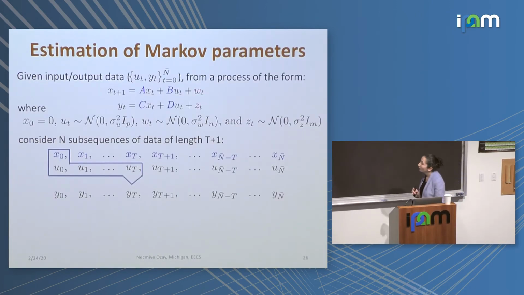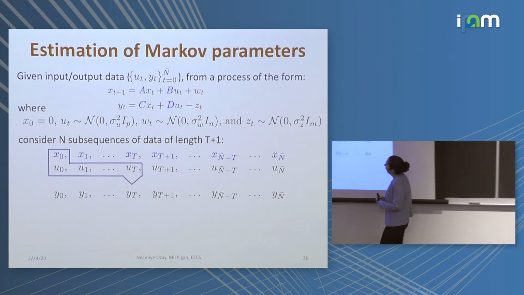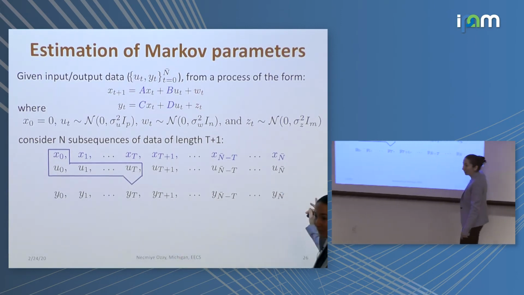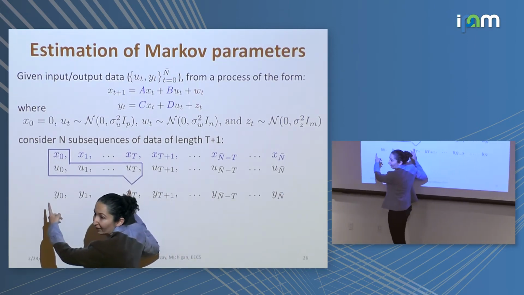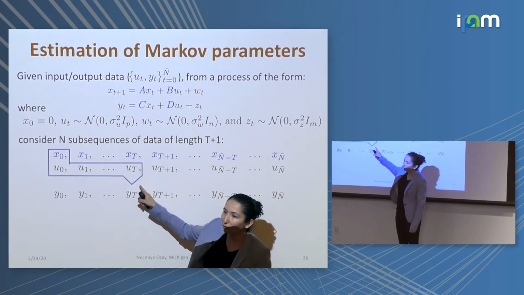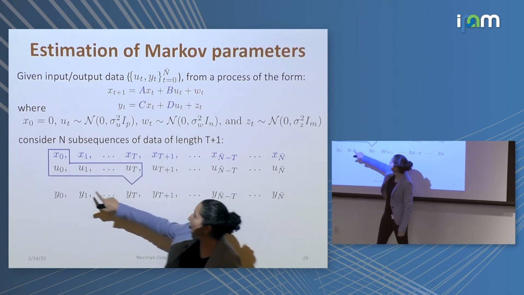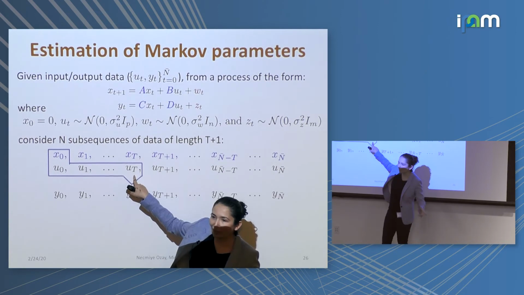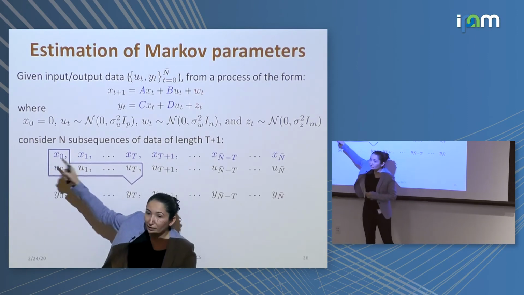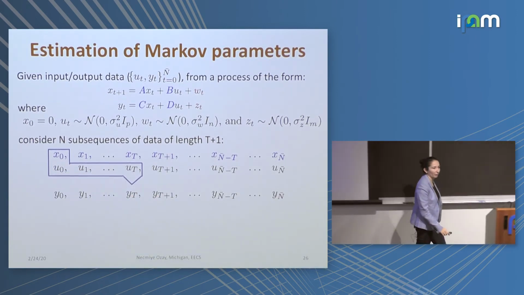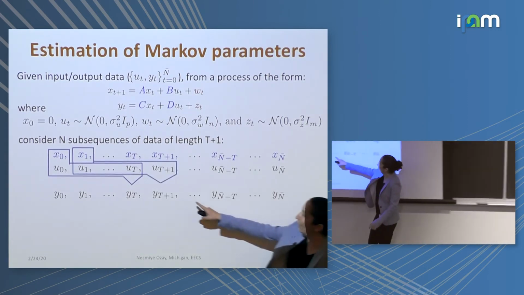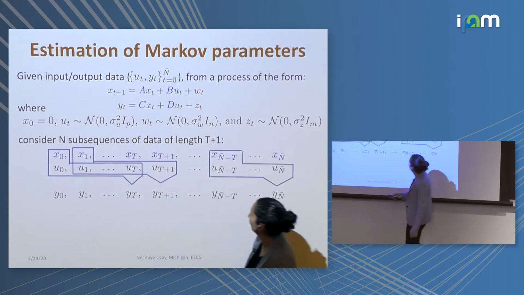And for that, what I will do is I will consider n subsequences of my data, each with length T. And I will try to write my output at time t in terms of the past capital T measurements, past capital T inputs, and the initial condition, in this case x0.